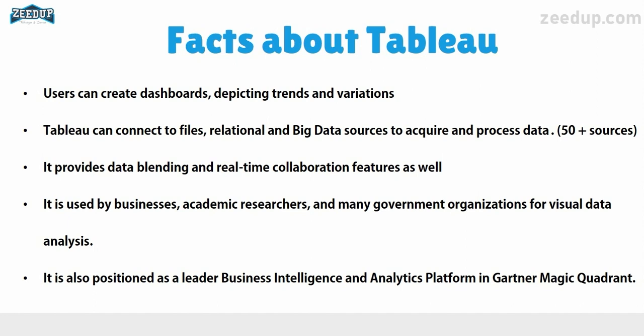Real-time collaboration means that once you have created a dashboard in Tableau, many people in your organization can contribute to it in real time. They can collaborate together and work on that particular dashboard. Data blending means that you can get data from different sources and combine it to generate dashboards and different types of visualizations.